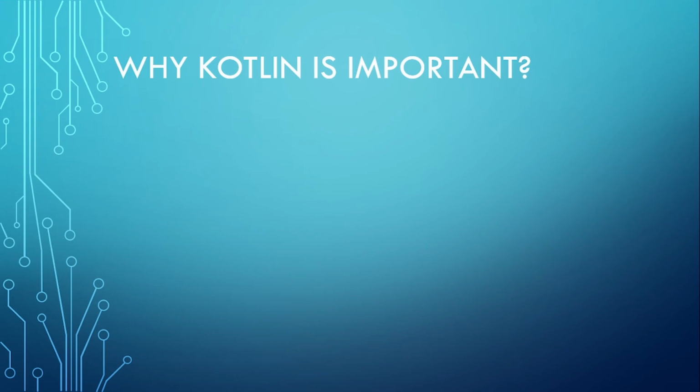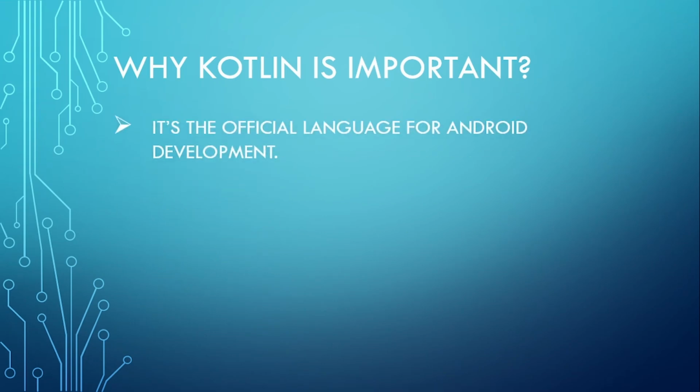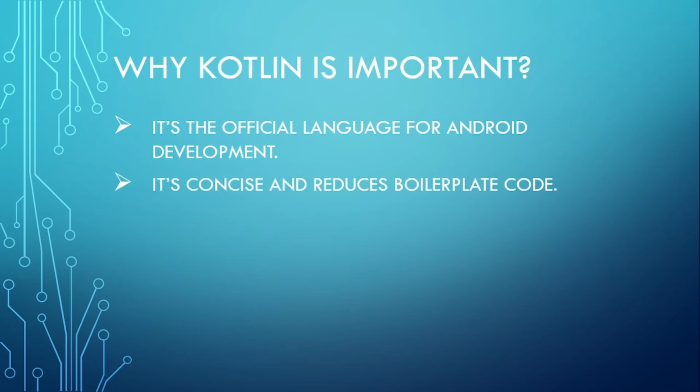Why Kotlin is important? It is the official language for Android development. For Android mobile application development nowadays, Kotlin language is the first language that developers use for developing different mobile applications.